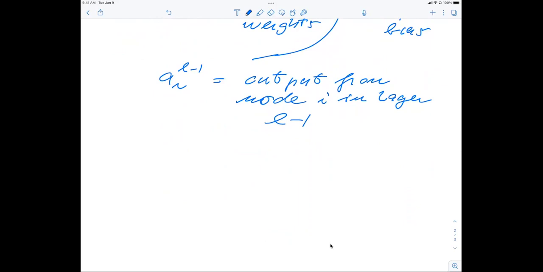So let's go back and set up the definitions of the quantities which we need. We need to define a cost or loss function. Let us assume that we look at a regression problem.